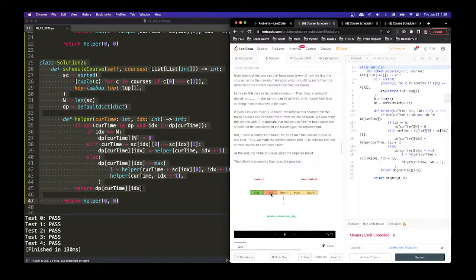Oh, if this current one cannot be taken, why do you pop this? I should say pop the largest one and try to see if there's anything smaller.